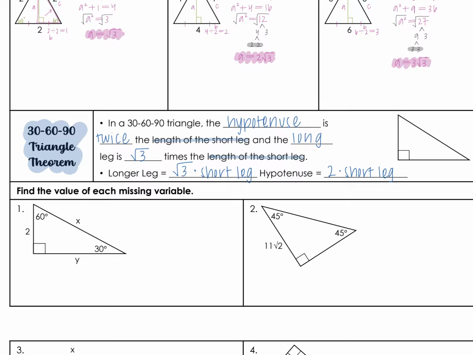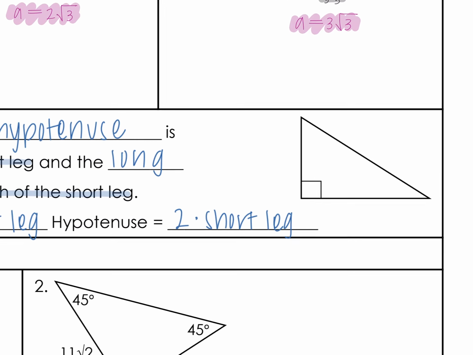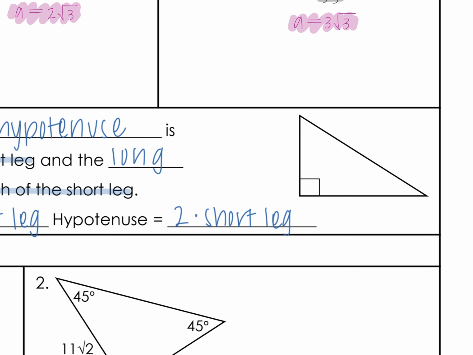Okay, and we'll talk about how we identify that for those of you that might have forgotten. Now let's look over here at this picture and label it. Okay, so let's go ahead and say that this is my 60-degree angle. And we'll say this is my 30 degrees.